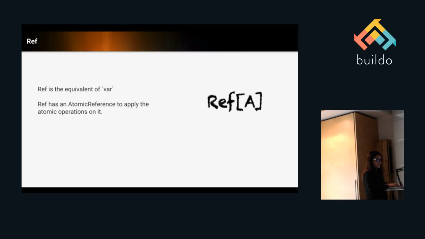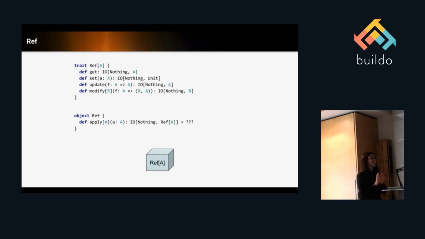I forget. We can avoid what? If we have a concurrent program and we modify, race conditions. Okay, race conditions.